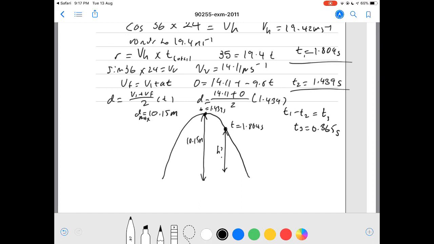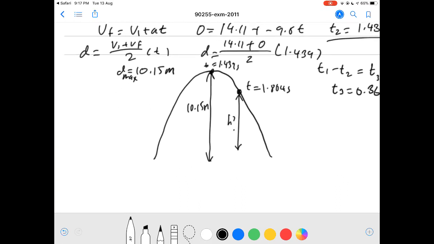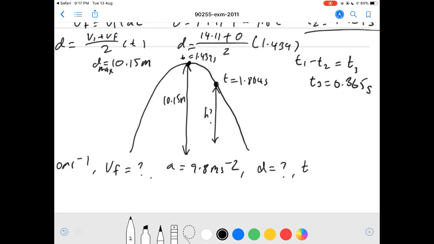However, we can't do that straight off the bat, so let's figure out what we have. The ball is starting from max height, so this time our VI is 0 meters per second. Our VF we don't know. Our acceleration is now positive 9.8 because it's acting in the same direction, since it's going downwards now. Our distance we also don't know, and our time we know is 0.365 seconds.